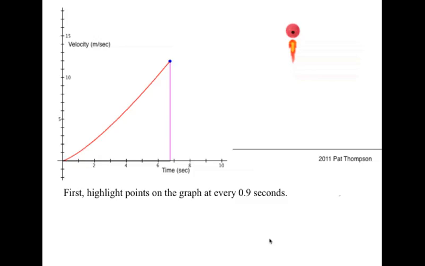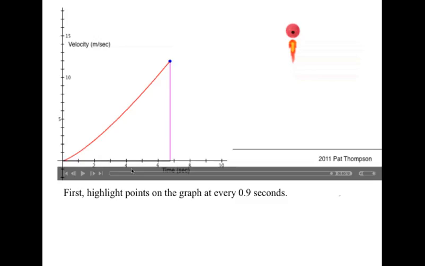Okay, so the first point you put on there was 0, 0, okay, and then 0.9. And then what, 1.8, 2.7, etc. So this point right here, at x equals 2.7.